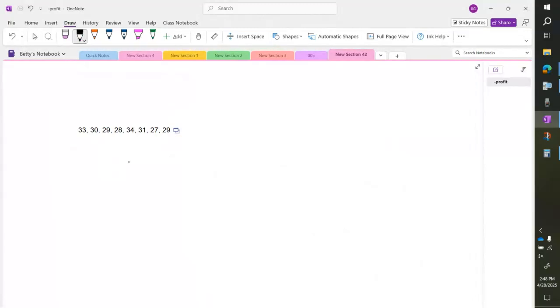Let's sort them first. The smallest value 27, 28, 29, and then 30, 31, 33, 34.